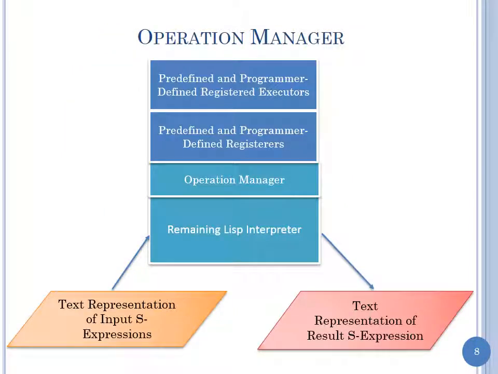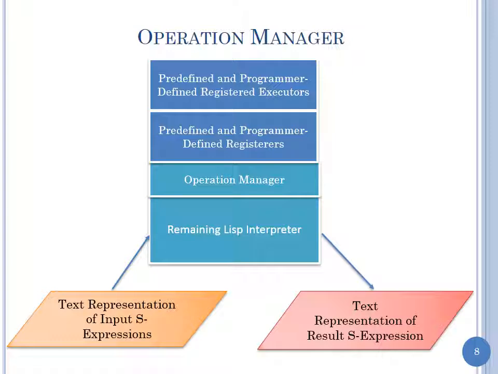So I have now taken the Lisp interpreter and broken it up into pieces. Okay? And I've got an operation manager and the remaining Lisp interpreter, which has got the parser, scanner, and so forth. And on top of the operation manager layer are the registrars that go and register operations with the operation manager. I guess these two layers are not really, they can be the same level too.